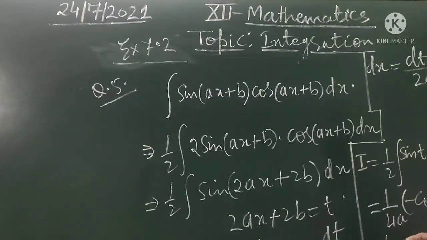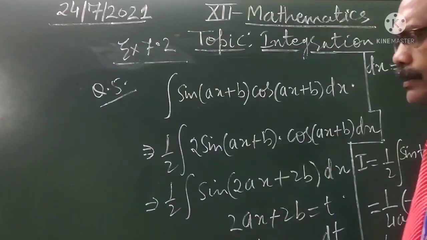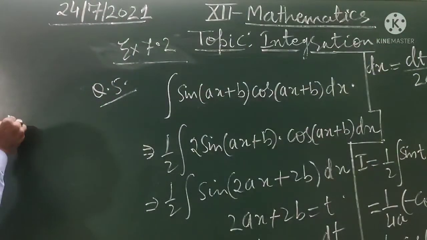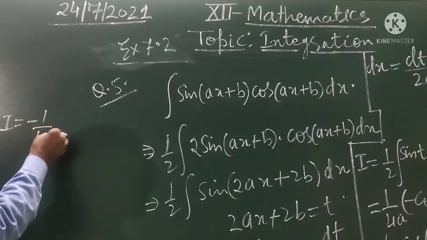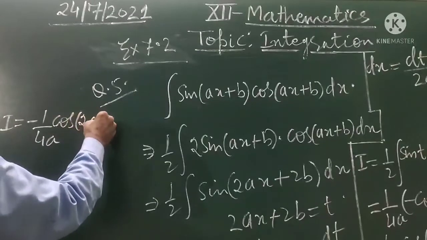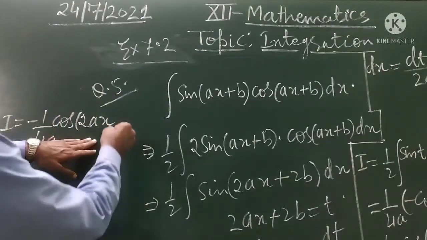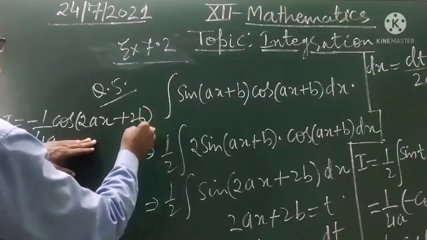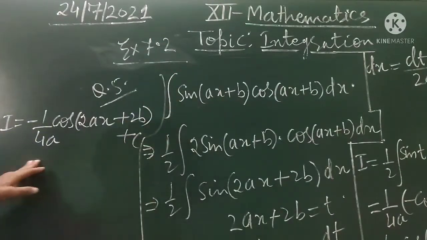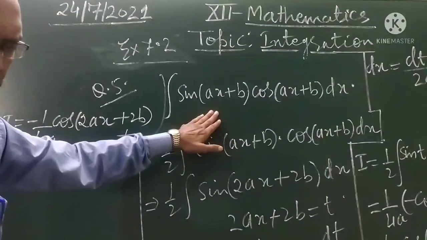So it is minus 1 upon 4a cos(2ax plus 2b) plus c. Final answer I equals minus 1 upon 4a cos(2ax plus 2b) plus c. It is one of the methods.